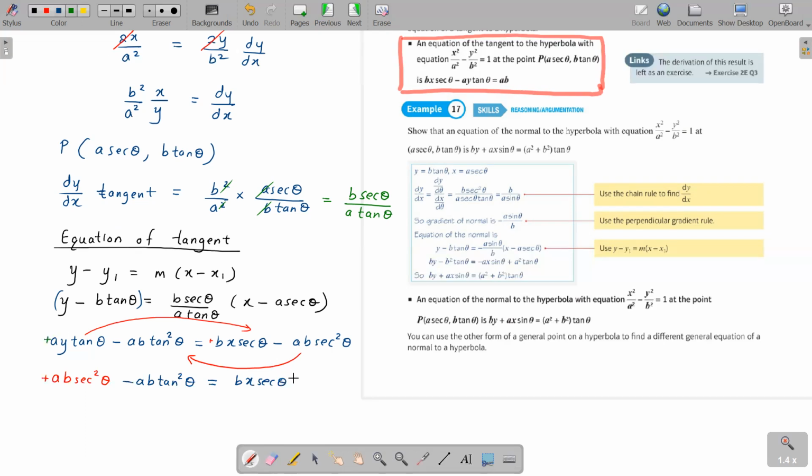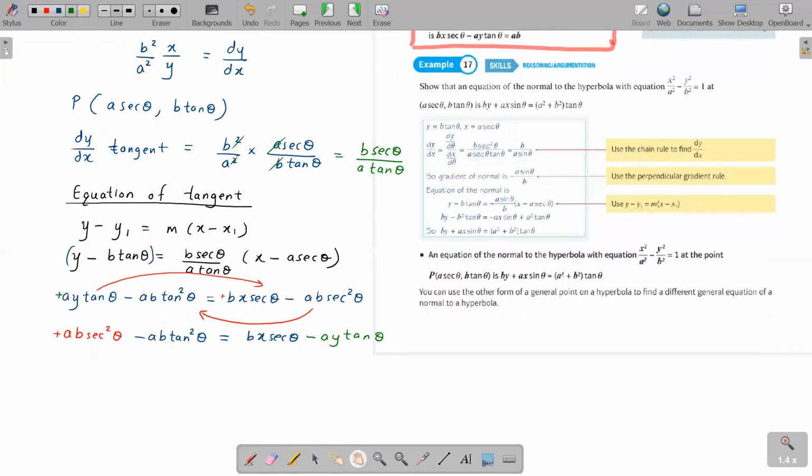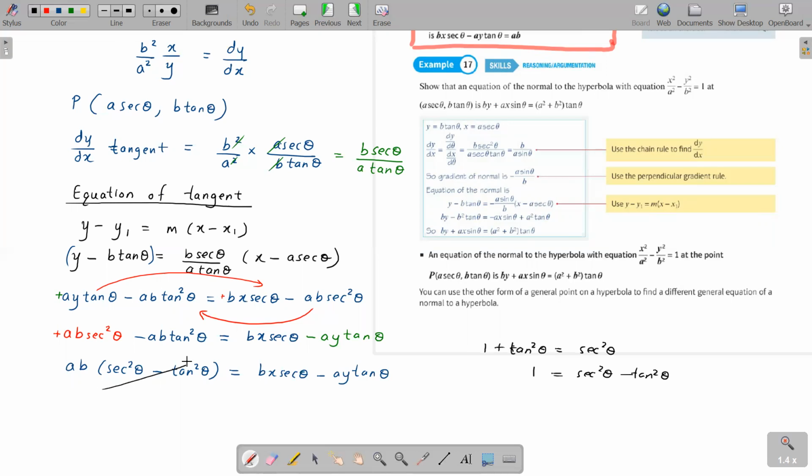The positive ay tan theta comes as negative ay tan theta, which is exactly how we wanted in the show that. Now I'll take the ab out from this side. When I take ab out, I end up getting ab times sec square theta minus tan square theta equals bx sec theta minus ay tan theta. So then the Pythagorean formula you learned is what? 1 plus tan square theta is equal to sec square theta, which means sec square theta minus tan square theta gives you 1. So basically this guy is 1.